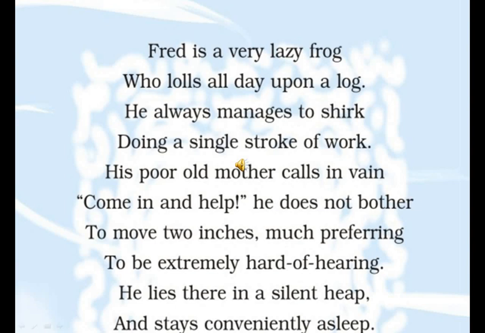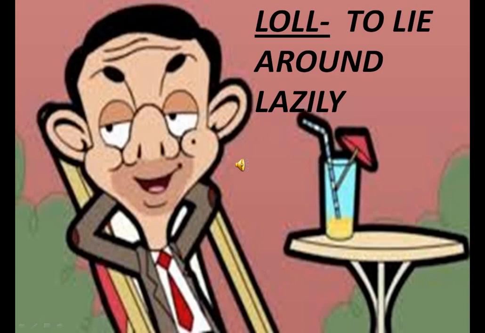Fred is a very lazy frog who lolls all day upon a log. Okay, what is lolling? When the poem ends in your book, there is a box and it has some word meanings. You can always refer to the word meanings, but let us also see what loll means. Loll is a verb which means to lie around lazily.